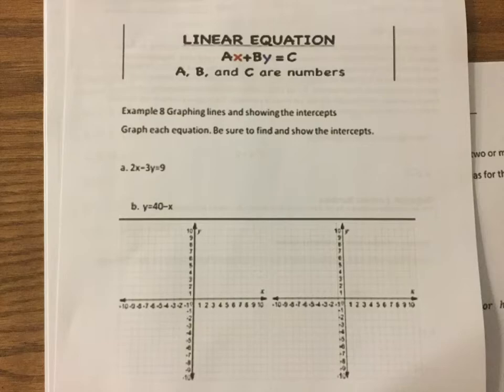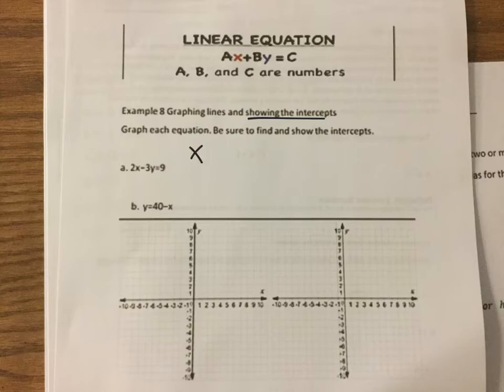So since it's stressing to graph by showing the intercepts, I'm not going to put this in slope-intercept form. I know that may be what you're trained to do. That's the best way to graph, and it is one of the best ones. But really, all you need to graph a line is 2 points. Through any 2 points, there exists only one line. So if I'm going to have to show the intercepts, then I'm going to graph by finding the intercepts.